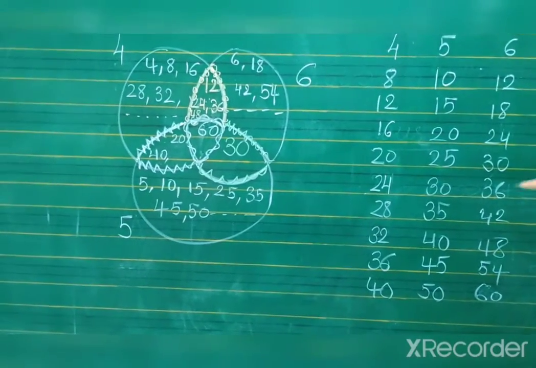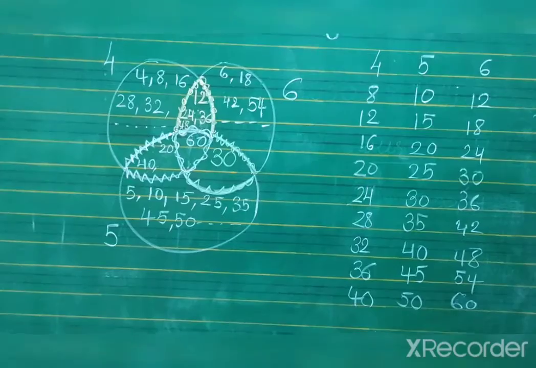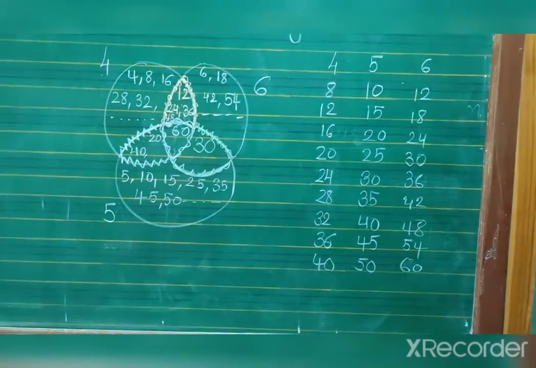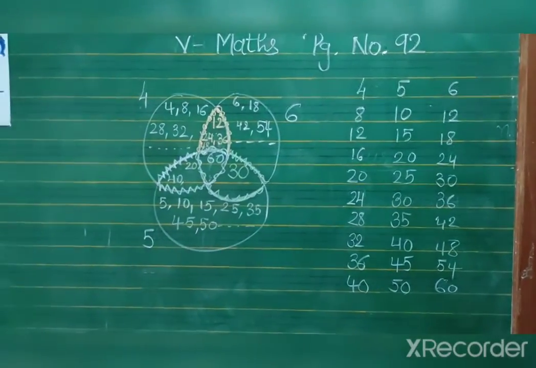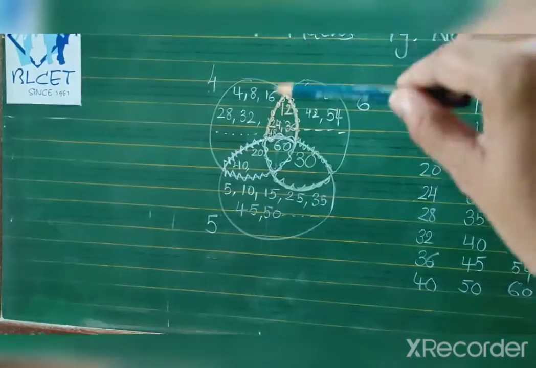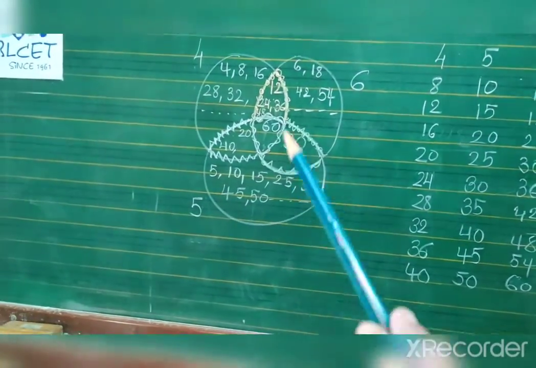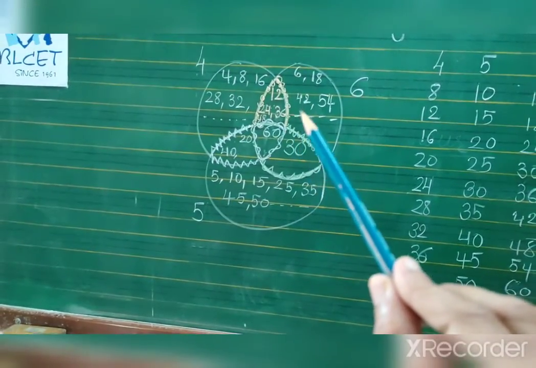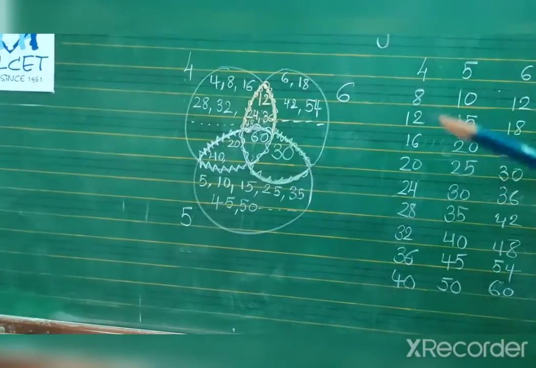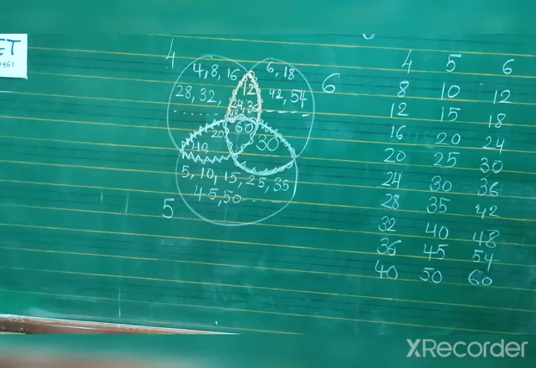When we extend the table, I have written 10 multiples for every number, but if we write more multiples, we will get more common multiples of 4 and 6. So till here you can see 12, 24, 36 and 48, and dash dash dash. That means so many.